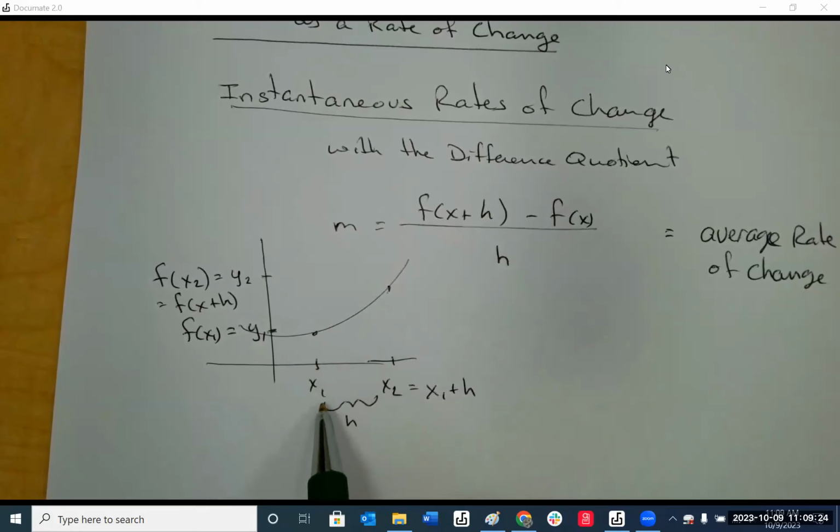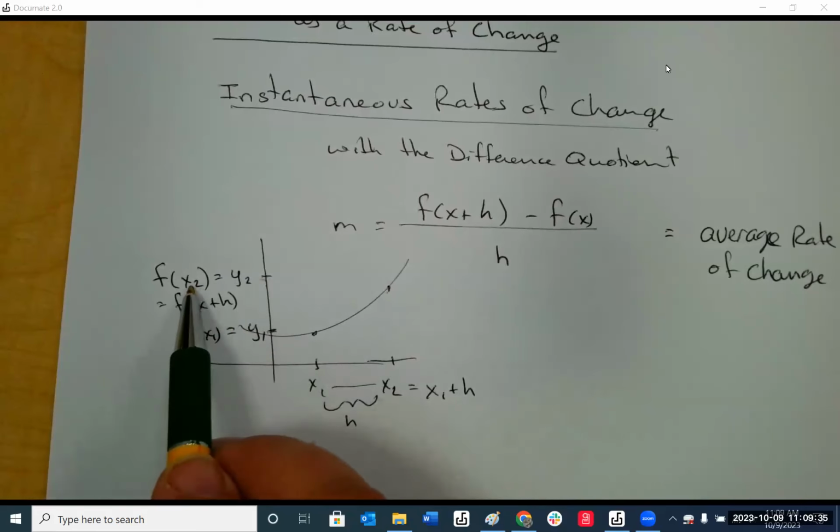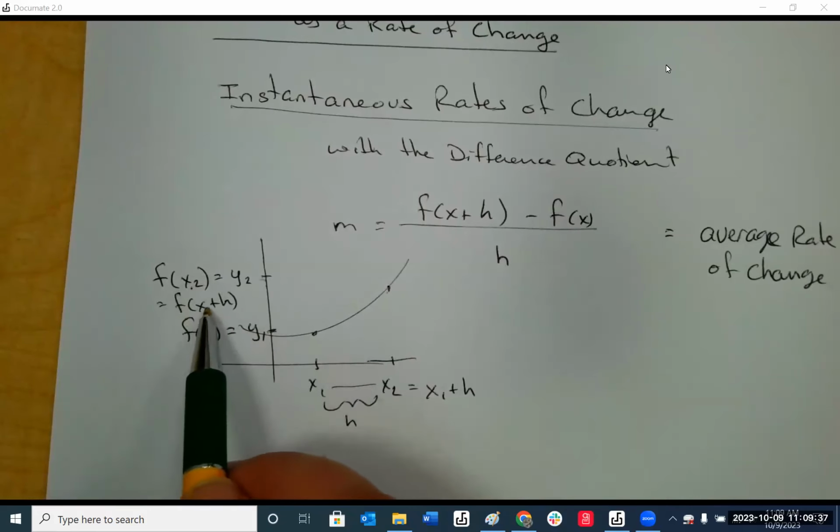So x1 is just itself. X2 is x1 plus h. It's the difference between the two. Y1 is the same thing as f of x1. Y2 is f of x2, which is f of x1 plus h.